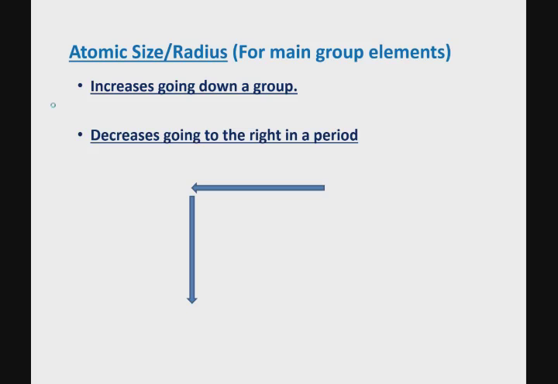If you were comparing, let's say, tin and iodine, iodine will be the smaller atom compared to tin. So once again, please note that the size of an atom increases from top to bottom in a group, but decreases from left to right in a period.